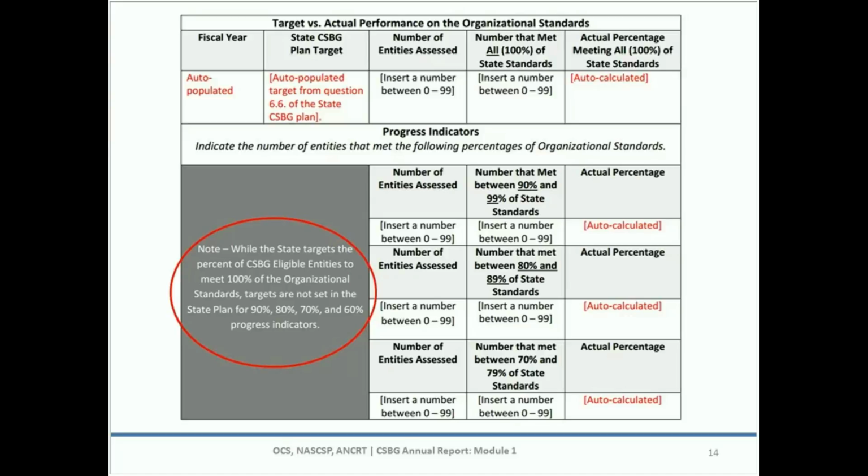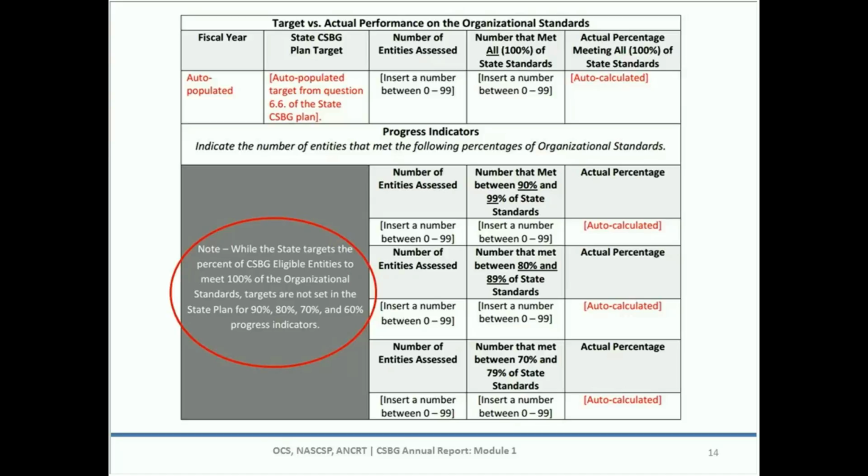So based upon that feedback, the report has been modified, and we've added an area for you to talk about the number of entities assessed and how many met between 90 and 99% of the standards, 80 and 89%, 70 and 79%. We don't have anything below 70% because we were really trying to figure out where everybody was at.